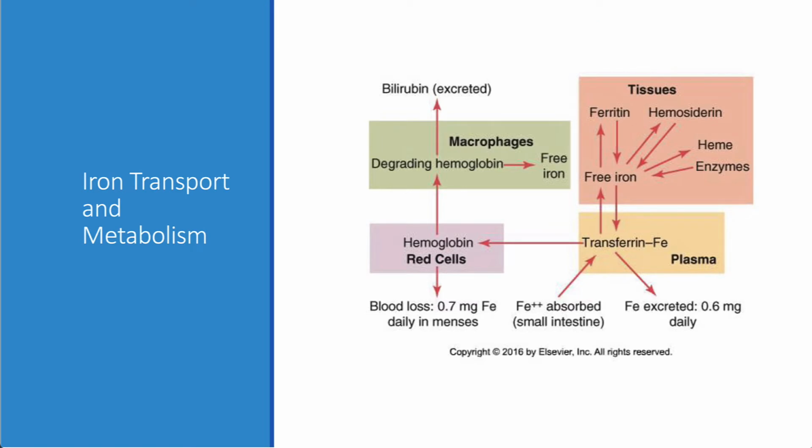Iron transport and metabolism happens with different forms of iron. So free iron is Fe2+.